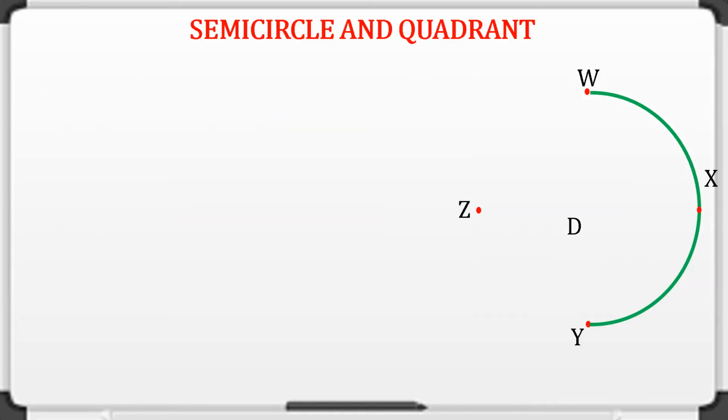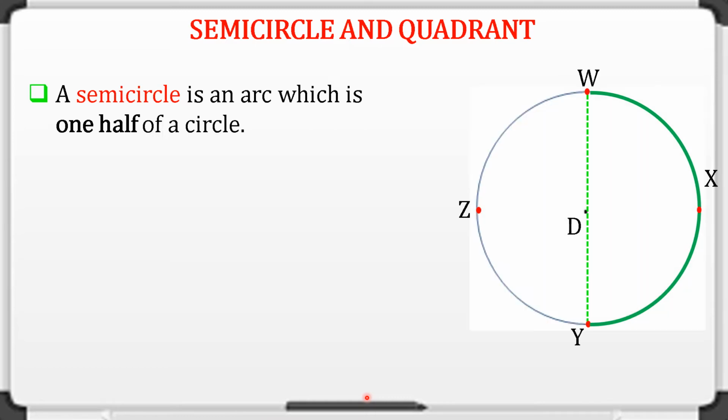Next, now let us have a semicircle and quadrant. So when do you say a semicircle? If we cut the circle into 2, we can create a semicircle. So kalahati ng circle ay semicircle. So we have here arc WXY.